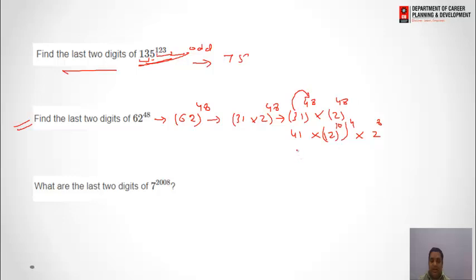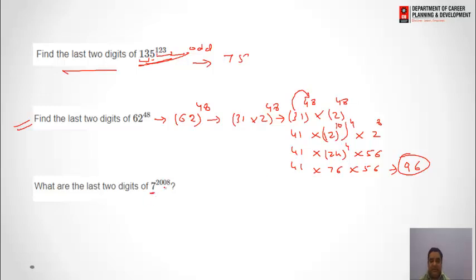If we expand that, that gives us 24 power 4 into 256, and as we are interested in the last two digits, that's 56. Here we have 41, 24 power even gives us 76, multiplied by 56. If we expand this expression, the last two digits we have are 96. So that is the answer for this question: the last two digits are 96.